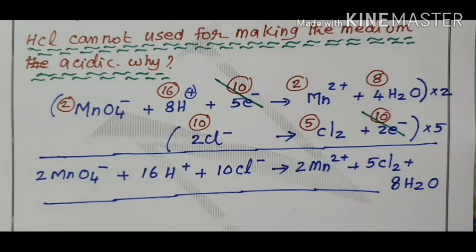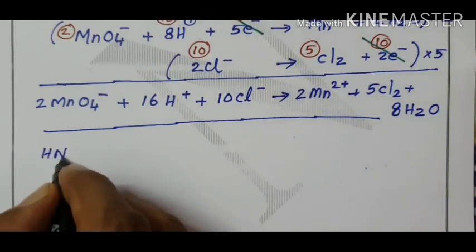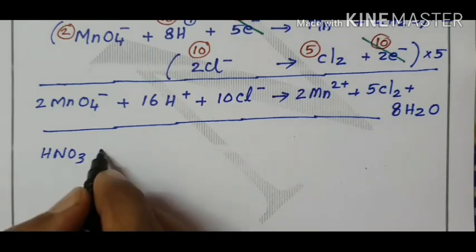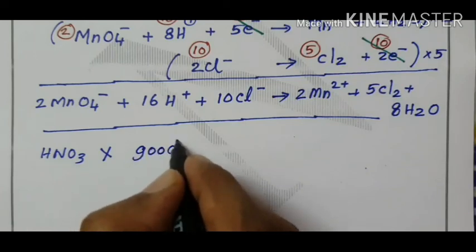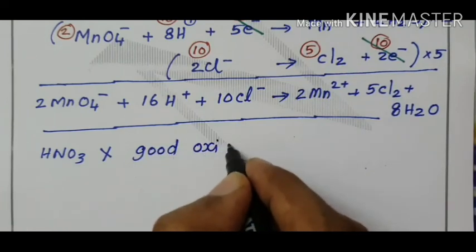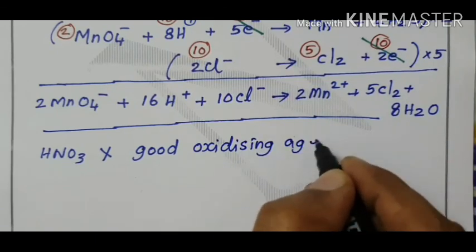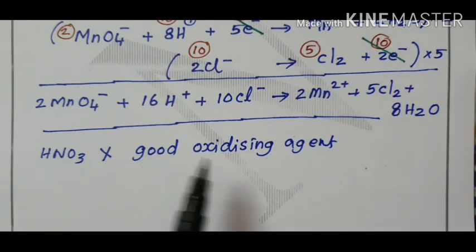Like hydrochloric acid, HNO3, nitric acid also cannot be used since it is a good oxidizing agent. It always reacts with a reducing agent.